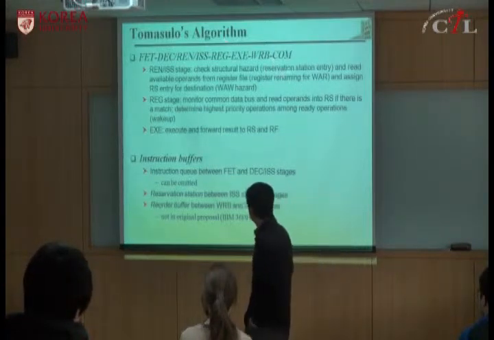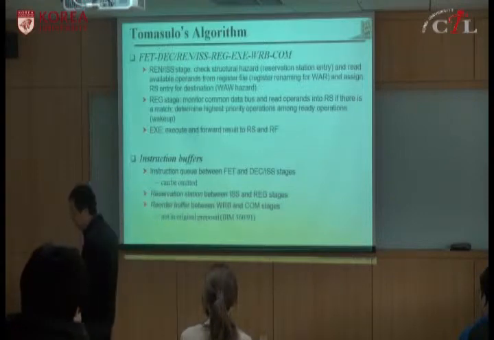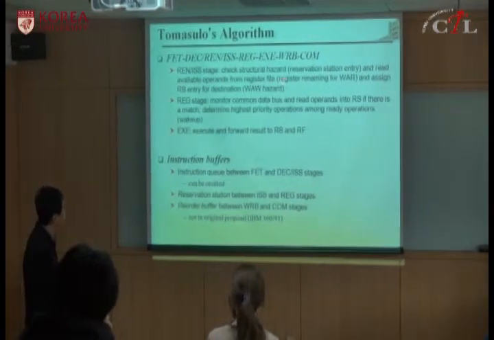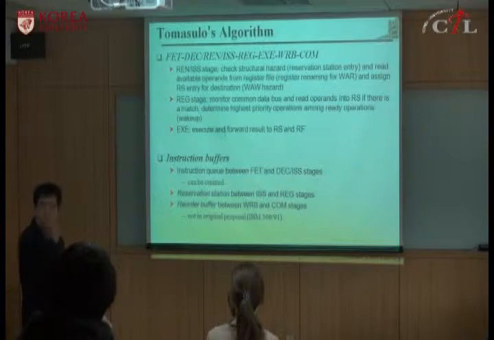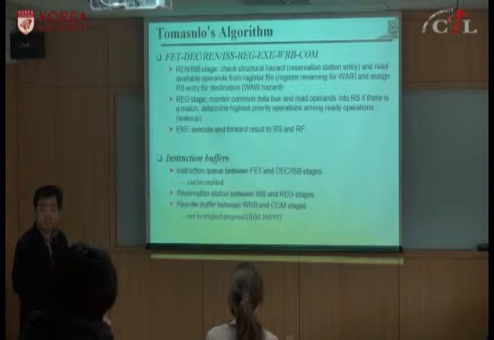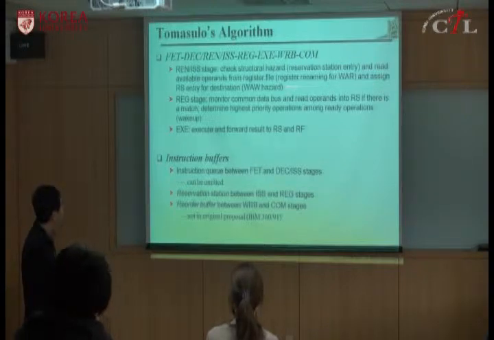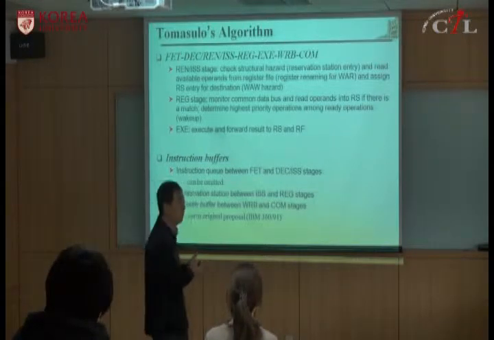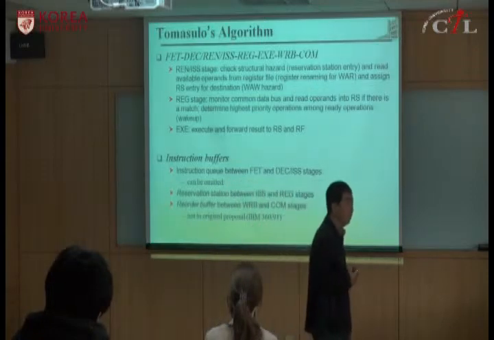We check this structural hazard, and at the same time, if source operands are available, you read all these available operands from the register file and store them into the reservation station. So you can remove write after read dependence. And in the reservation station there is also a storage for the destination, so you can remove write after write dependence too, because each entry has storage for source and storage for destination.